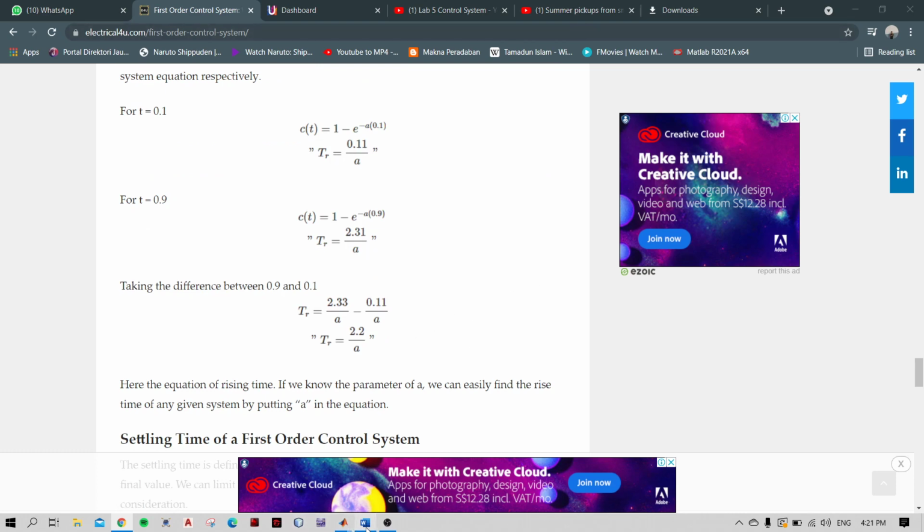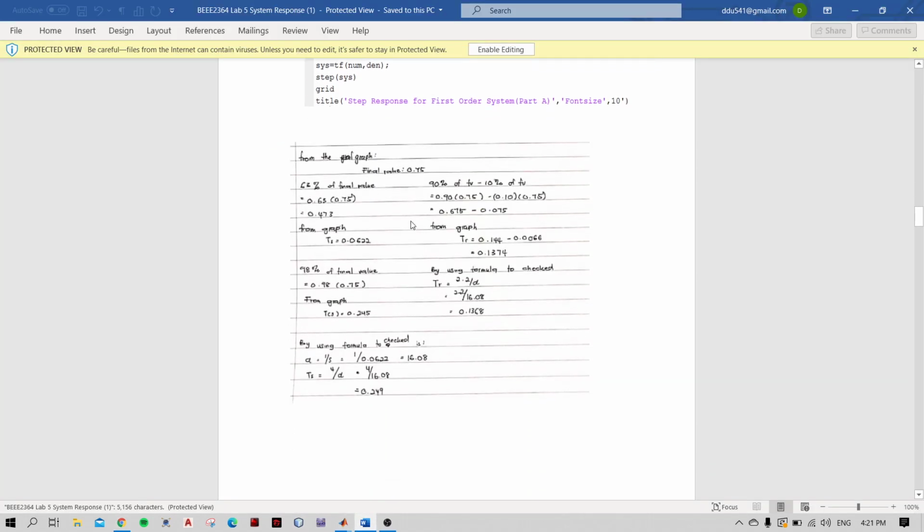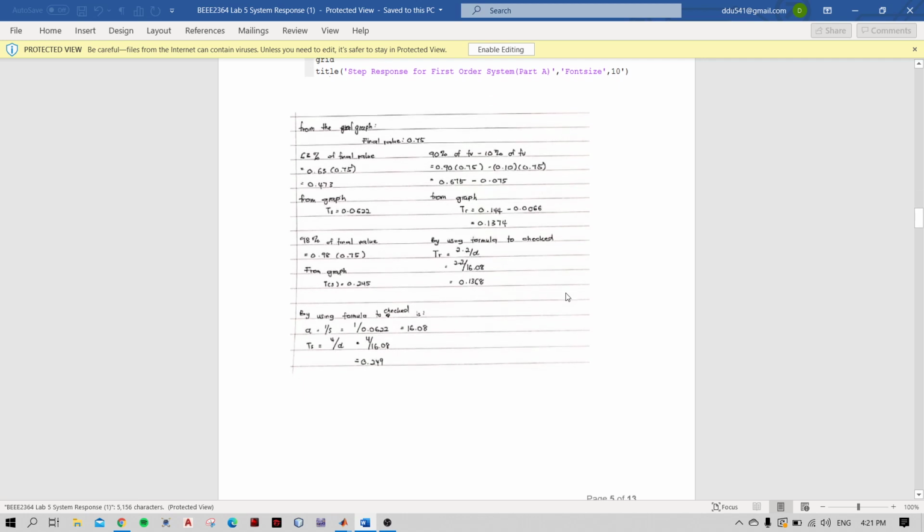This is why I use 90% of the final value and 10% of the final value. Just like just now, we multiply the percentage with the final value, and then we get the answer.